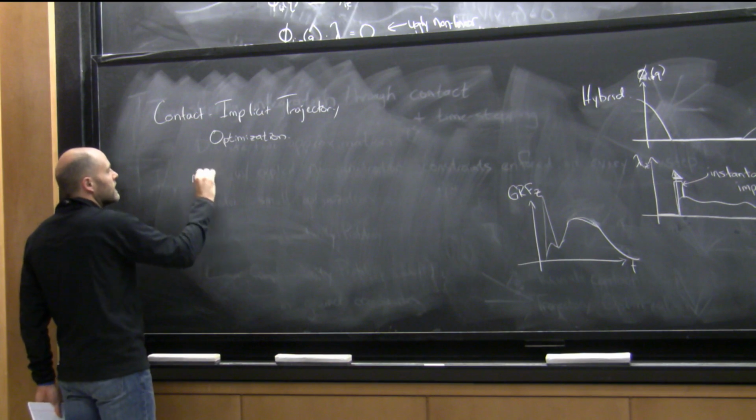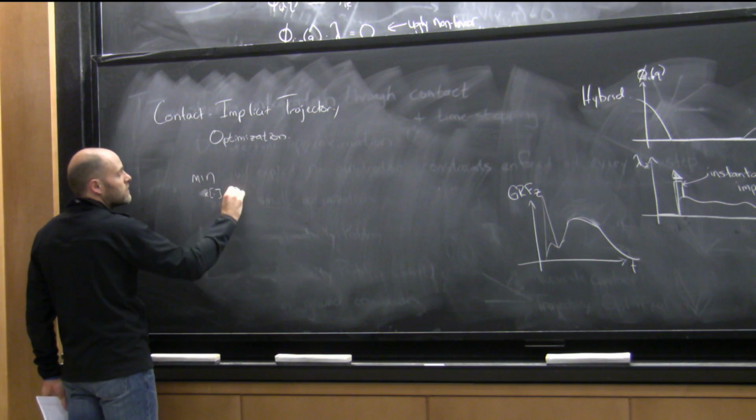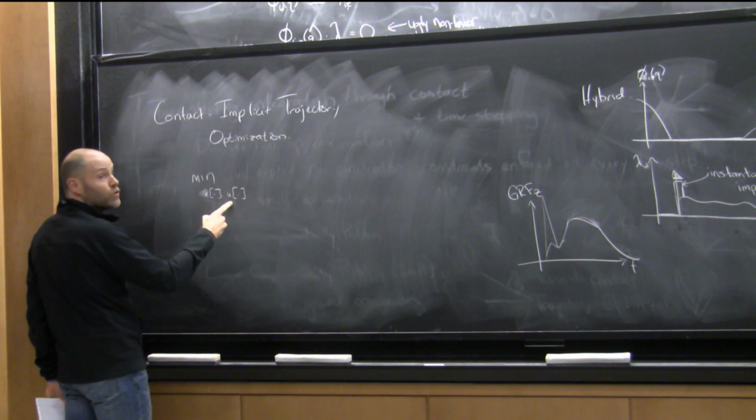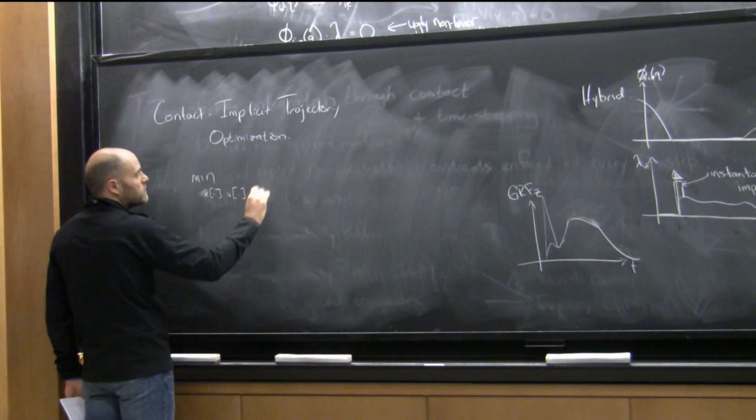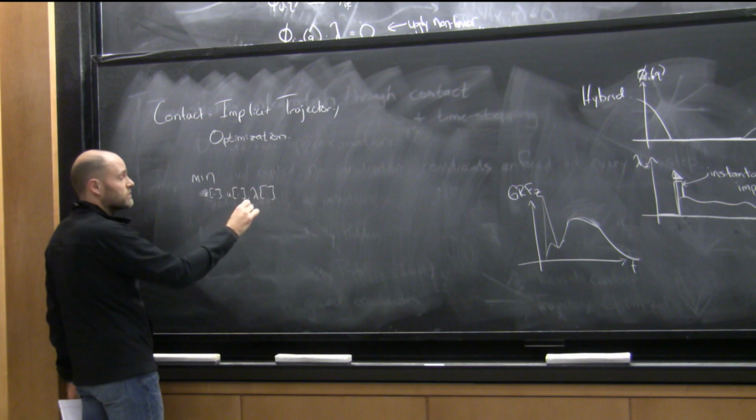Now you can minimize over an entire trajectory, x and u. That's the way we've always done trajectory optimization. But we'll throw in extra decision variables for lambda.